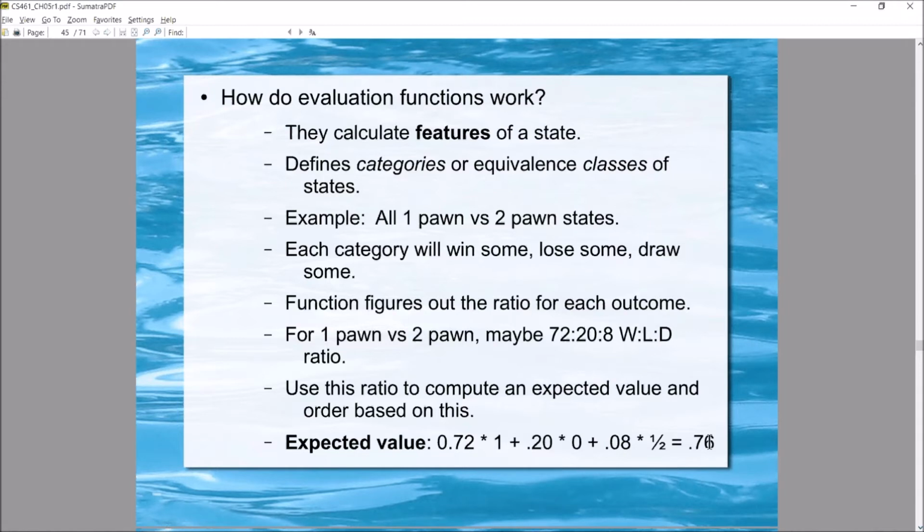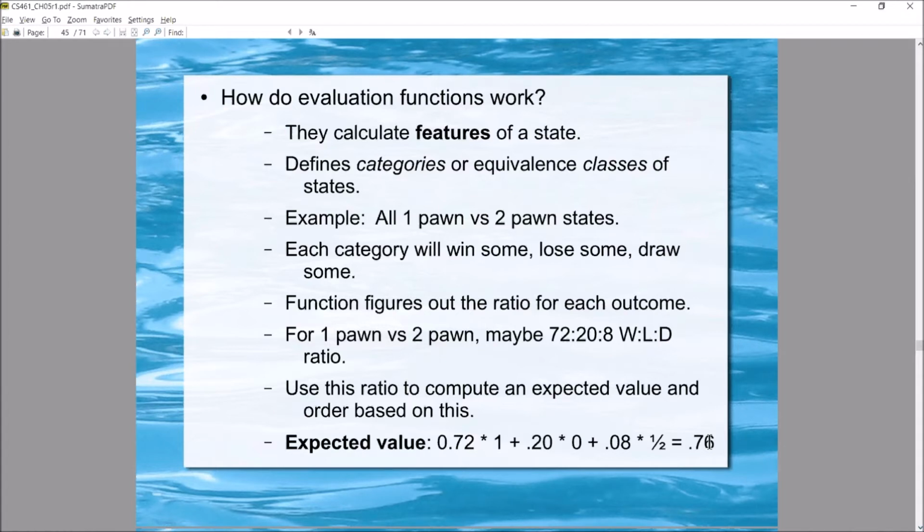So what does that mean here? How can we interpret that? Well, 72% chance of a win. So that means that there's a 72% chance of getting that full point. And remember, a win is valued at 1 point in the chess example that we've looked at previously. A loss is valued at 0 points from the perspective of the AI, from the perspective of Max.